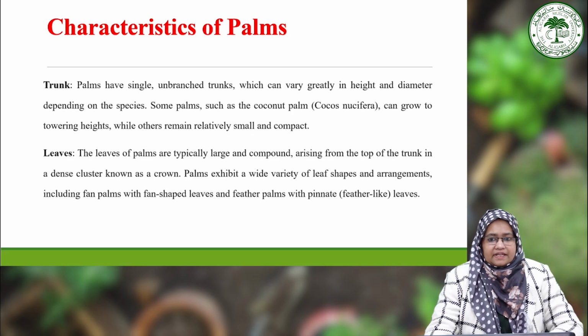Leaves of palm are large and compound leaves that emerge from the apex of the trunk, forming a dense cluster referred to as a crown. The array of palm leaves encompasses a broad spectrum of shapes and configurations, including fan palms with fan-shaped leaves and feather palms adorned with pinnately foliaged leaves.